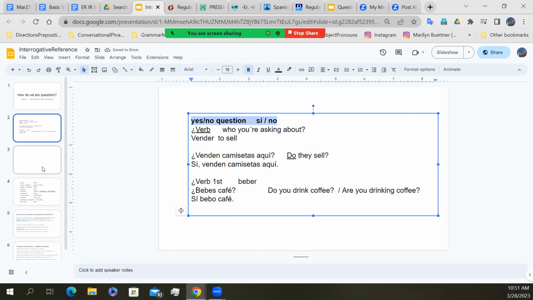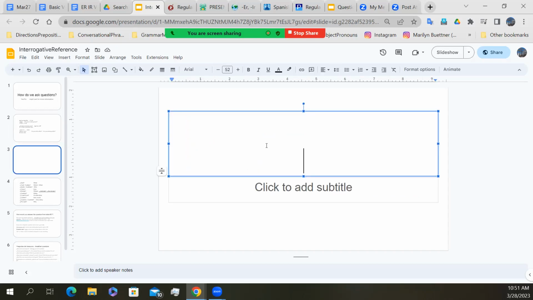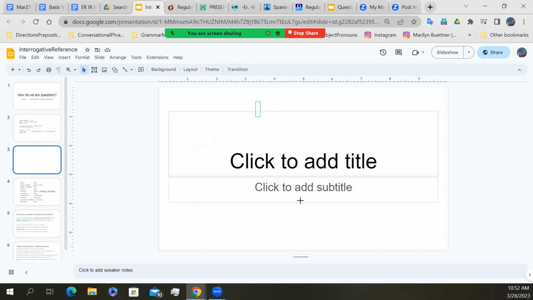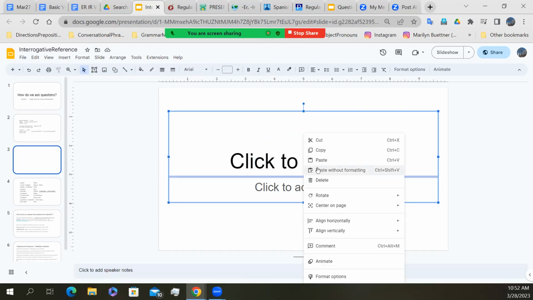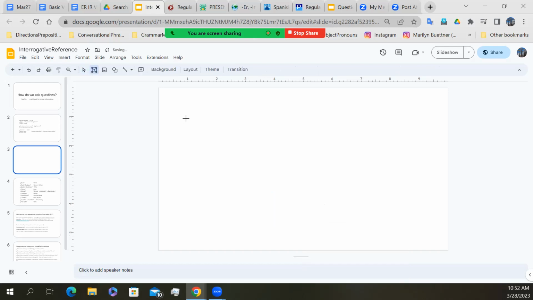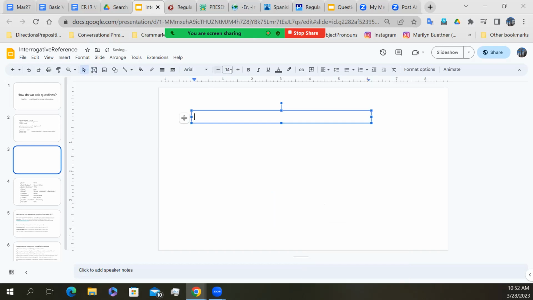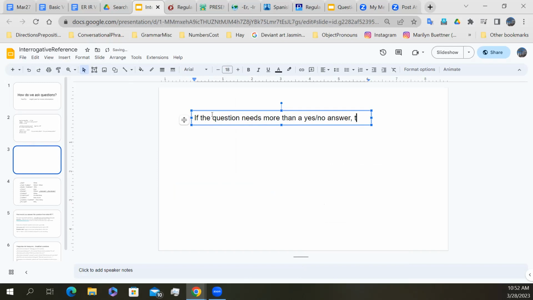But sometimes you don't have a yes/no question. What if I get rid of this stuff here? Just put in a regular text box. What if the question needs more than a yes/no answer?